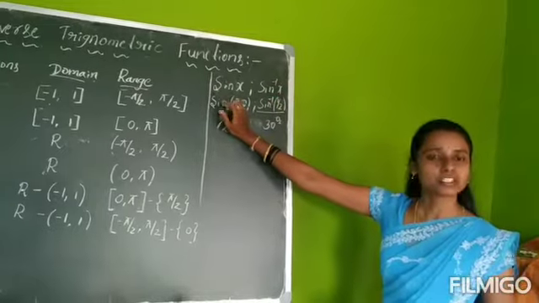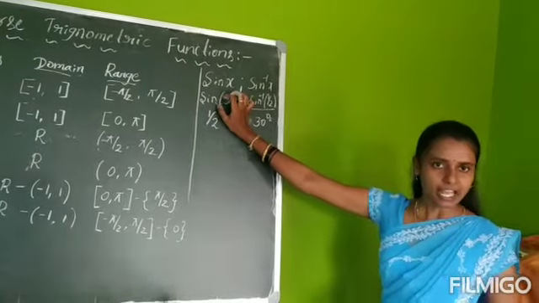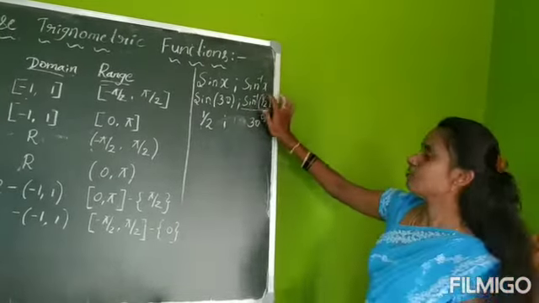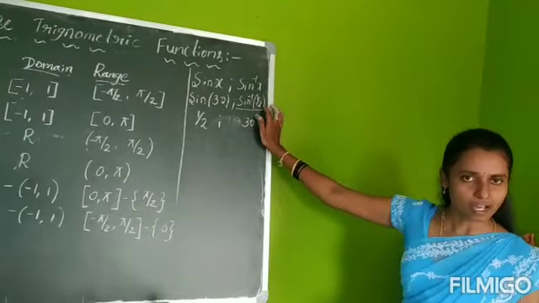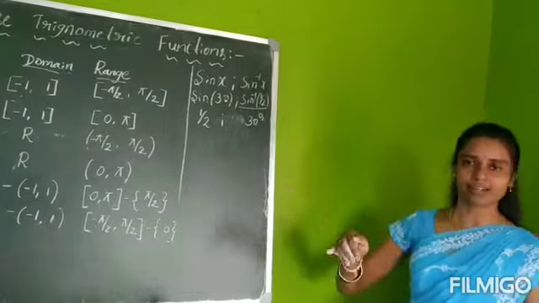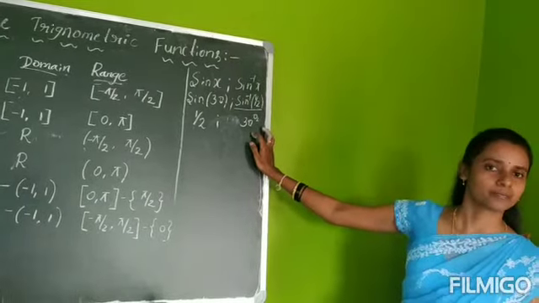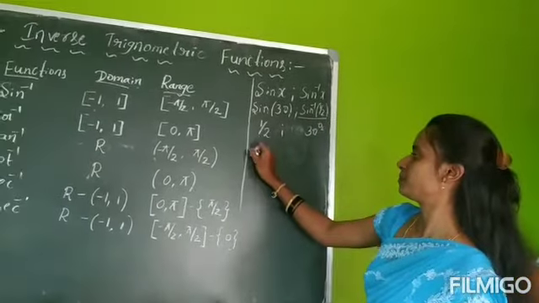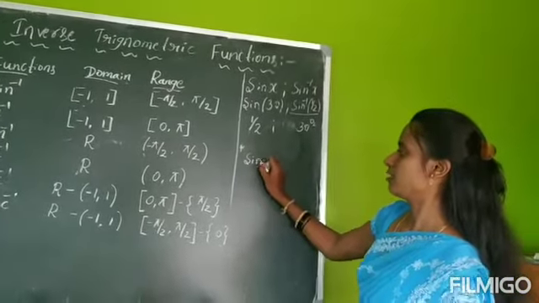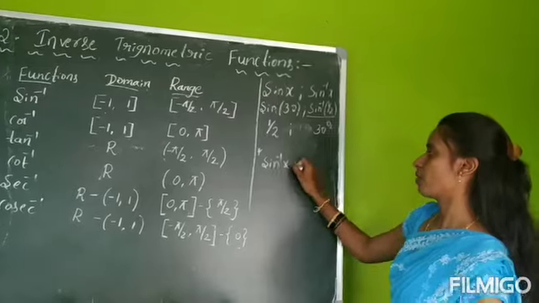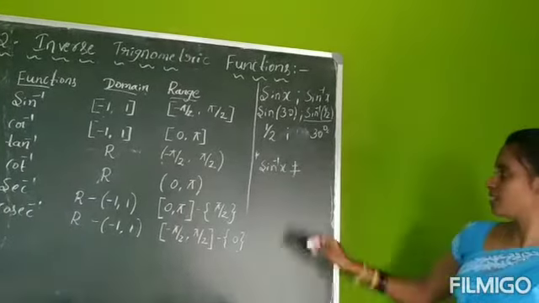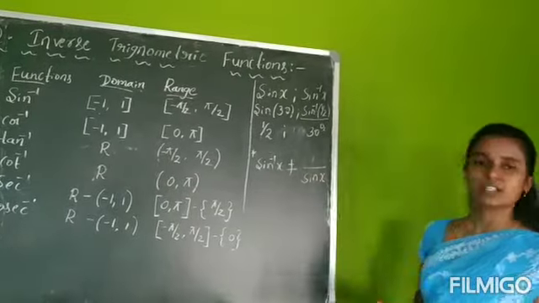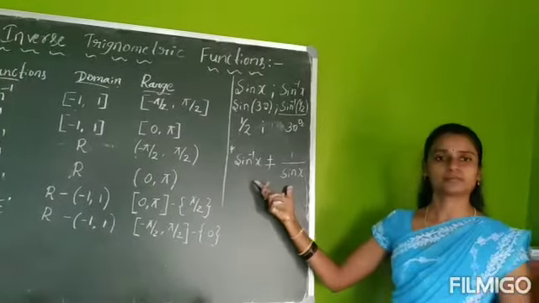So in a trigonometric function, they'll mention the degree and you need to write the value for that. In an inverse trigonometric function, they'll give you the value, and for that you need to write the corresponding radian or degree. One more thing: sine inverse of x, we can't write this as 1 divided by sine x. Don't confuse these two.